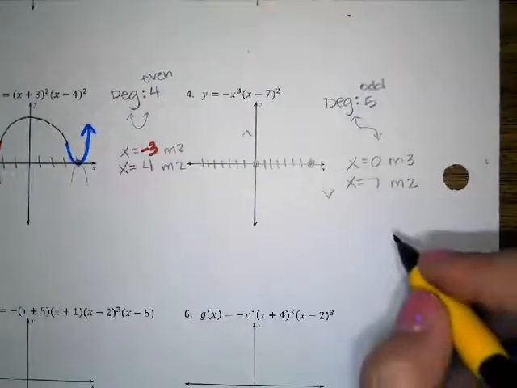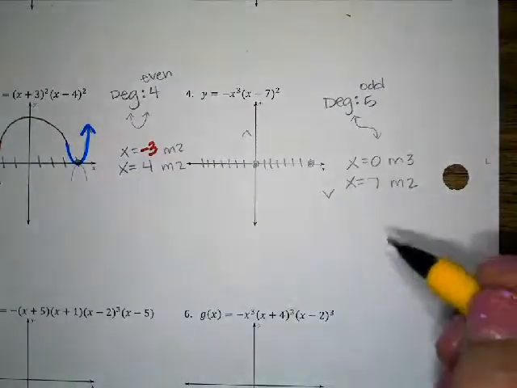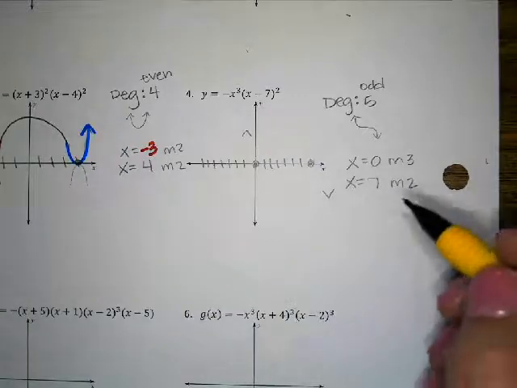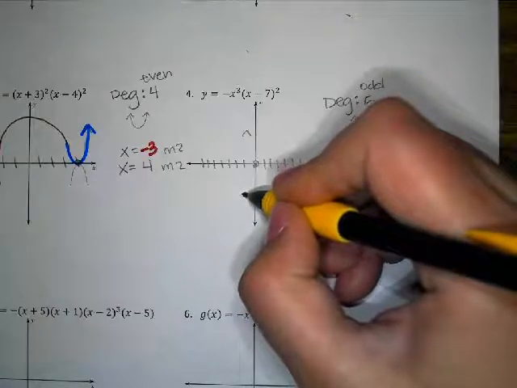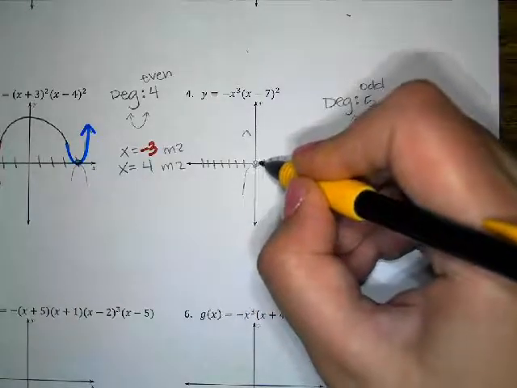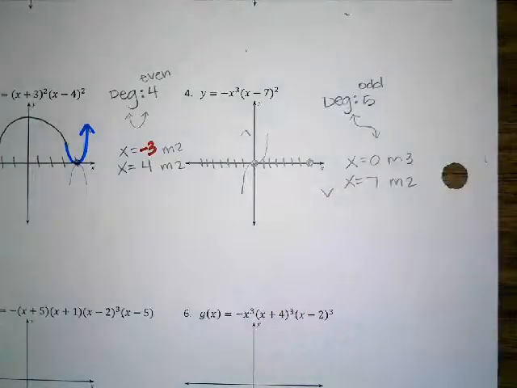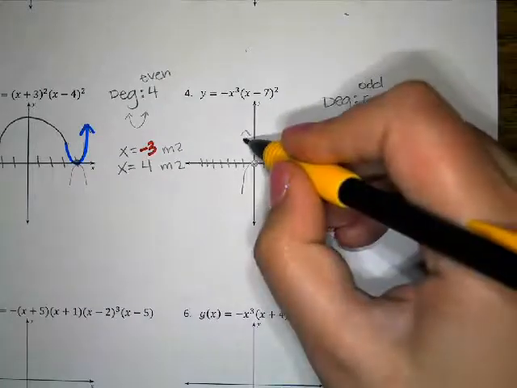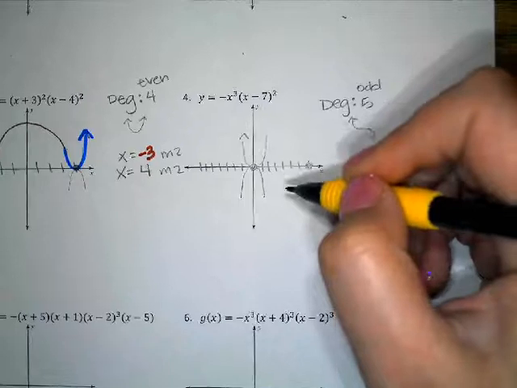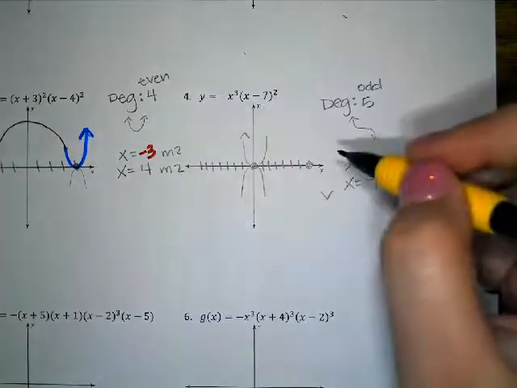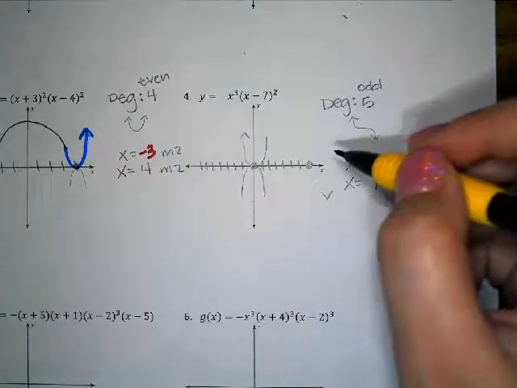So for 0 with the multiplicity of 3, we can go up, level off, go up, or we can go down, level off, go down. Which one makes more sense? Go down? Okay, so we're going to go down, level off, go down.